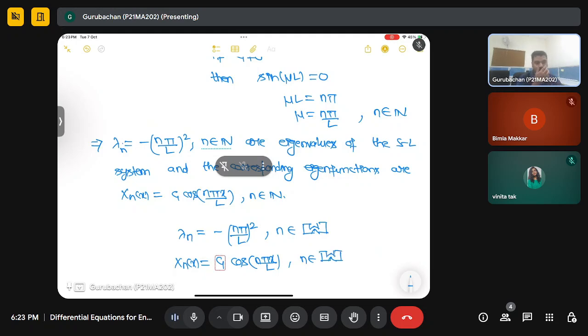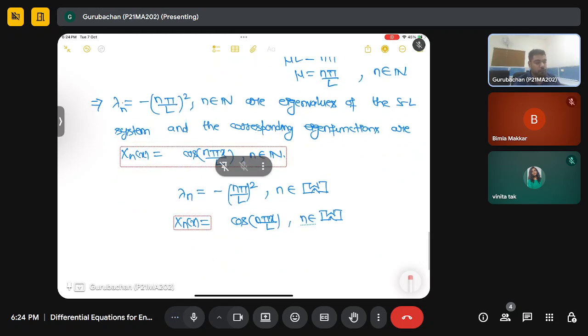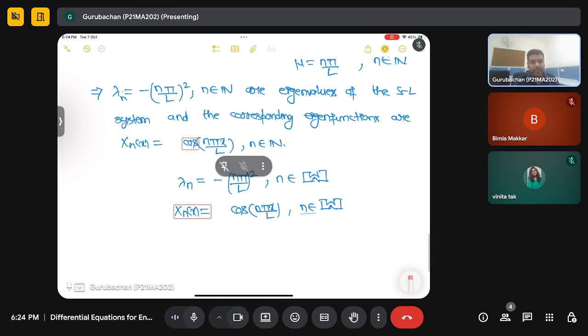Because if you put n equal to 0, lambda_n becomes 0, and X_n(x) will give you c1. That means again some constant, so we may even remove c1. We may consider this particular c1 as 1. So from here you got X_n(x).